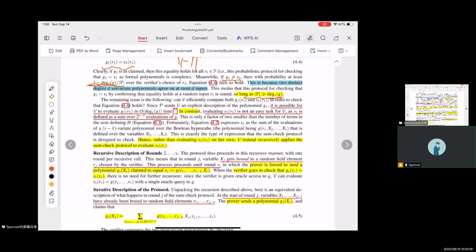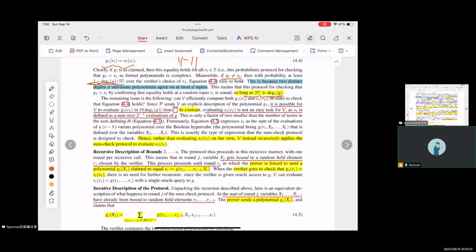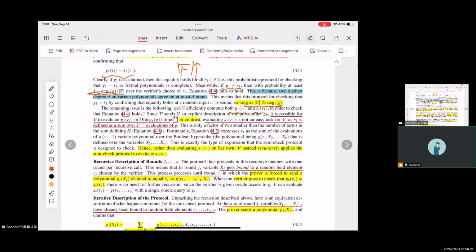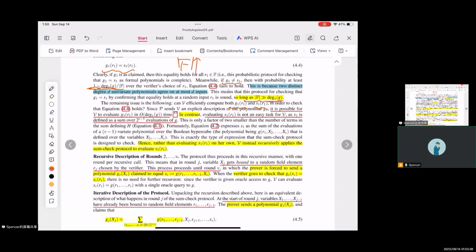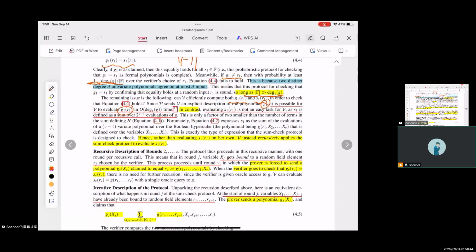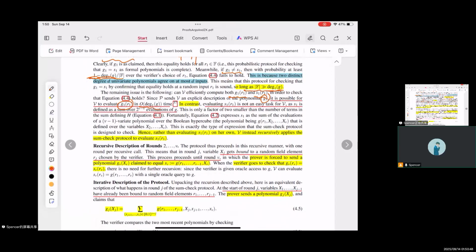Let's say the remaining issue: can we efficiently compute both g1 and s1 in order to check the equation holds? Since P has sent an explicit description of the polynomial g1, it is possible for the verifier to evaluate g1(r1) in degree time.